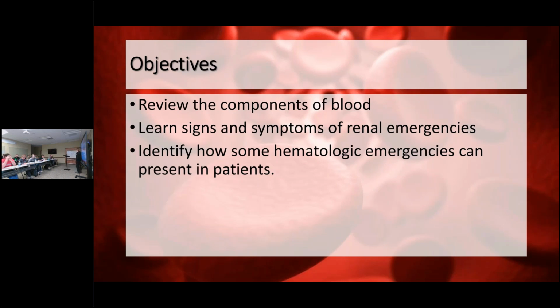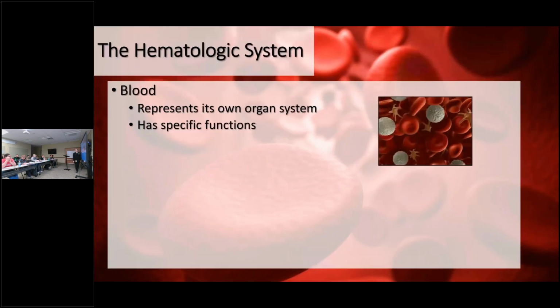So that'll be fun. All right, so blood, it represents its own organ system. So there's a lot that goes into our blood. It does a lot for us, obviously. It has specific functions. Does anybody know what some of those functions are? Transports oxygen and nutrients. Gets rid of waste.